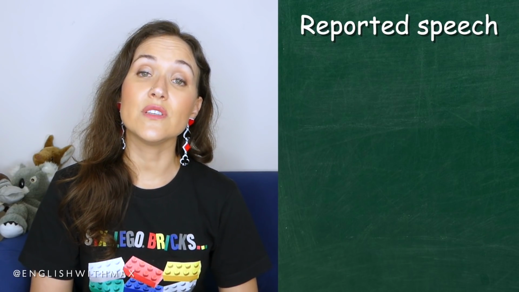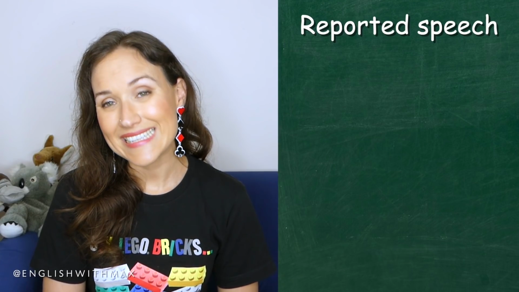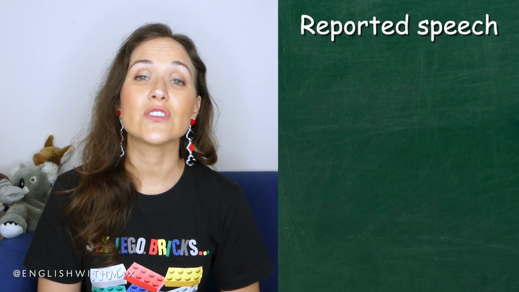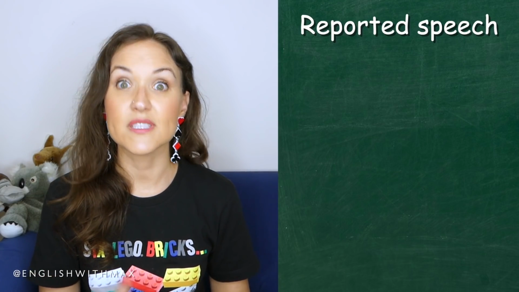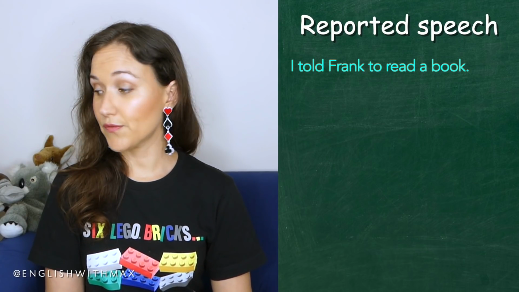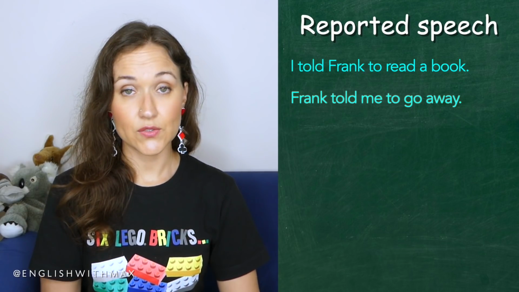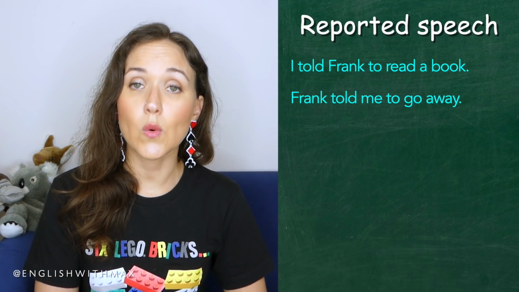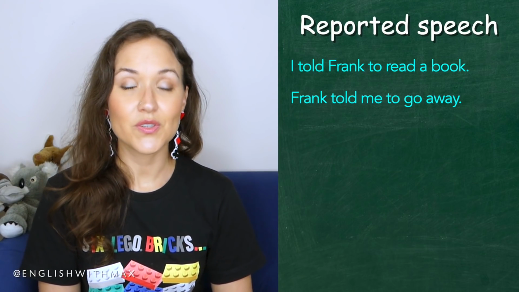Now, when it comes to giving advice or instructions, we use tell if the information is directed at a specific person or specific people. For example, I told Frank to read a book. Frank told me to go away. If it's negative, we place not before to.